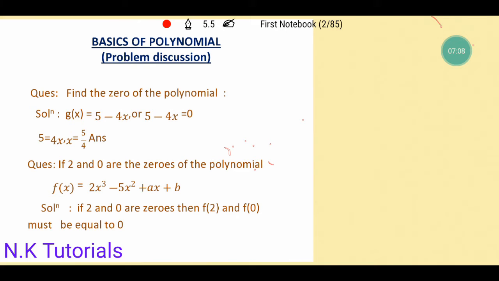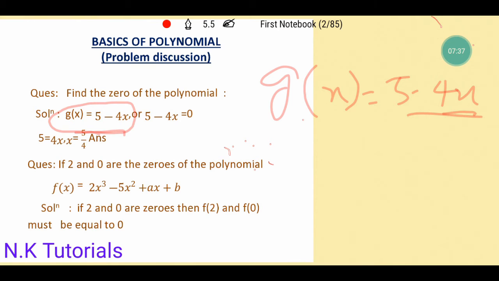Okay, now the next question: find the zero of the polynomial g(x) is equal to 5 minus 4x. We have to find the zero of this polynomial.